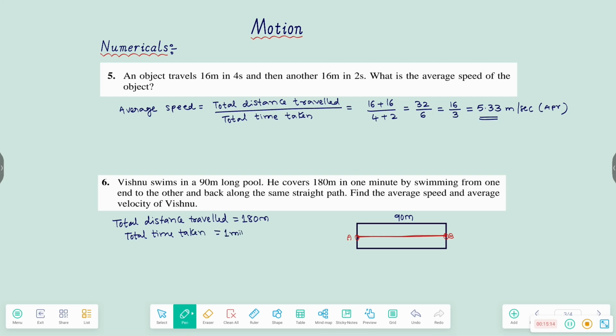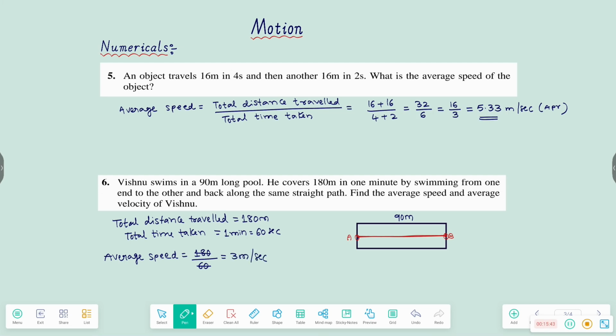We can convert 1 minute into seconds, which is 60 seconds. What we want to find is the average speed and average velocity of Vishnu. So the average speed formula, as I just told you, is total distance traveled by total time taken, which is 180 meters by 60 seconds. That is exactly 3 times, so it is 3 meters per second.